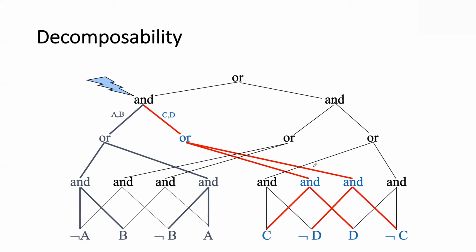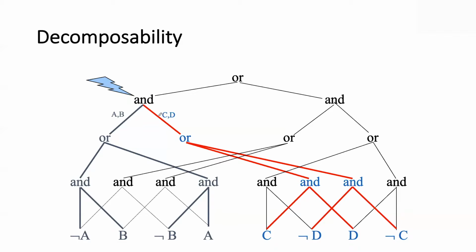All right, so here's the property of decomposability. This is something that you really need to know. The review here is that it's a property that applies to AND gates in our NNF circuit, and here's one of the AND gates being highlighted. If you recall what this property says, if you look at the subcircuits that are feeding into the AND, they should be over disjoint variables.